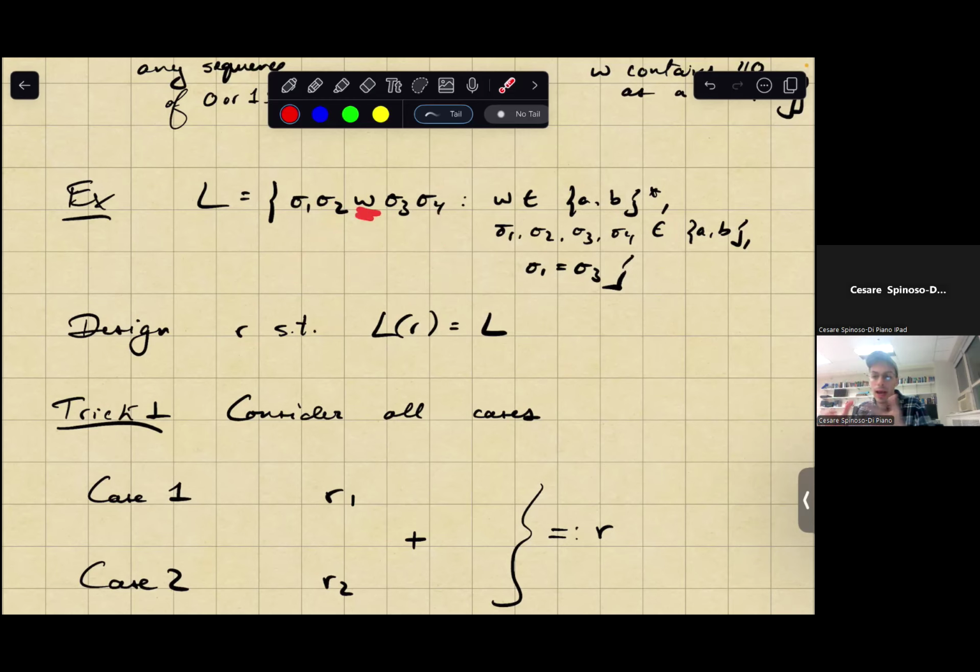And then in the middle, I have some string W. W can be empty, or it can be whatever else you want. Whatever else you want is just W matching (A or B) star, because (A or B) star represents any possible string, which is any sequence of A's or B's.